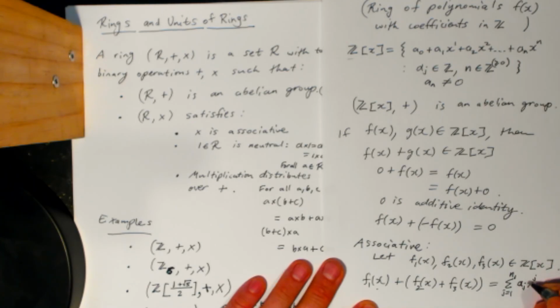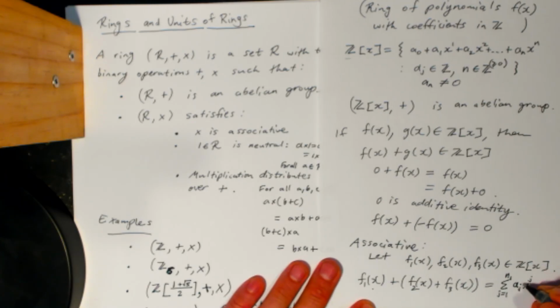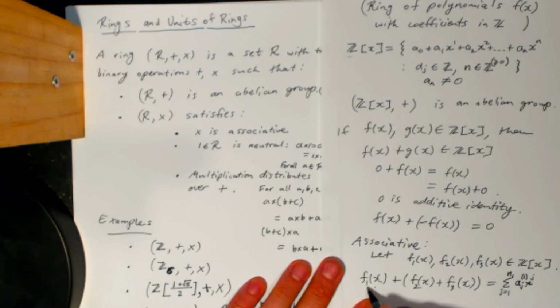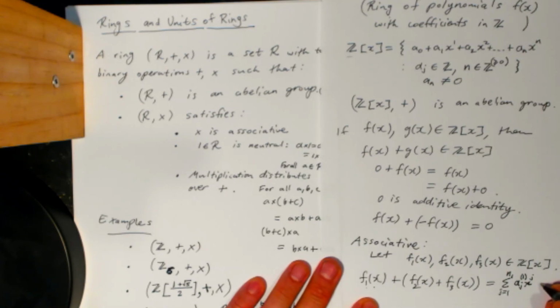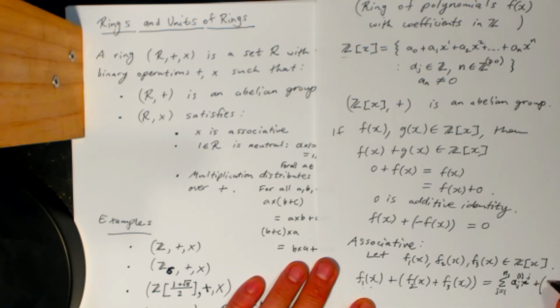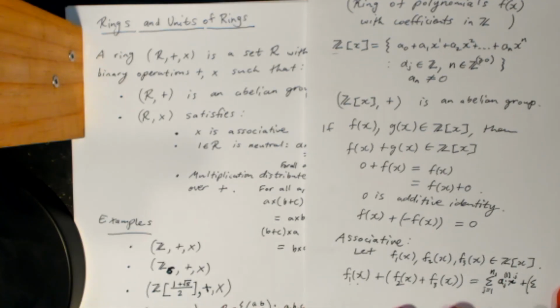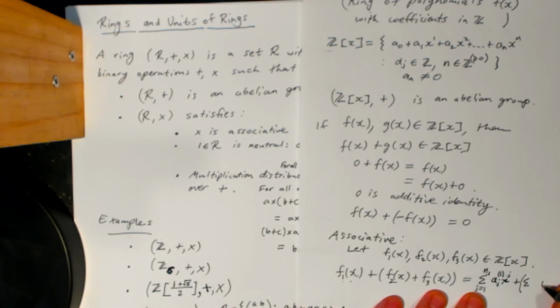I'm going to need a superscript here, and when I don't mean a power, I'll put a bracket around it, to refer to the one that's there. We add in brackets a similar thing for the f2 and the f3.